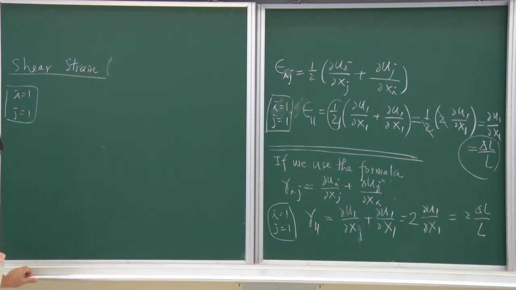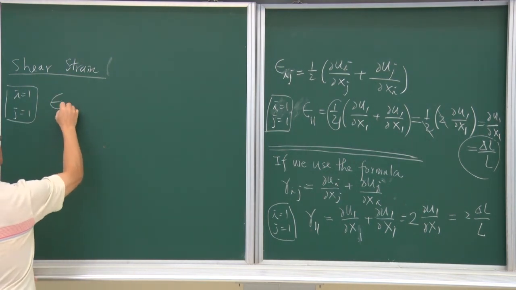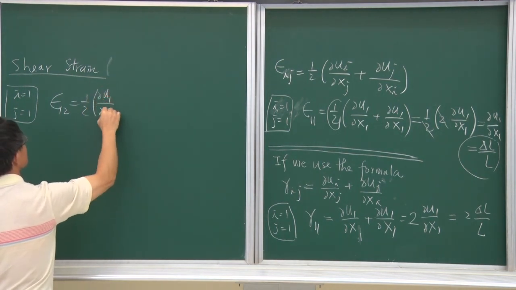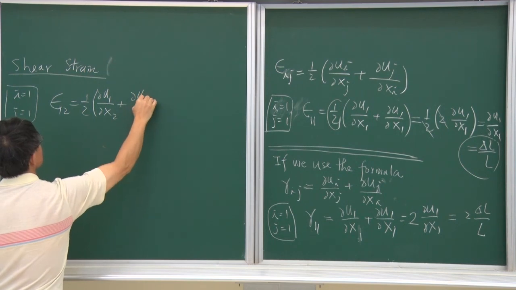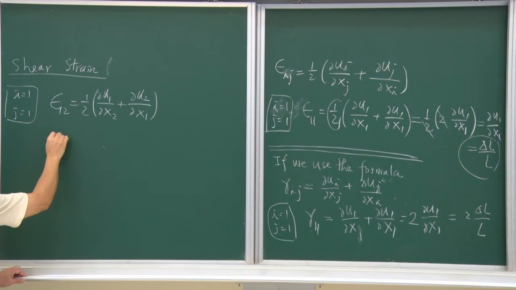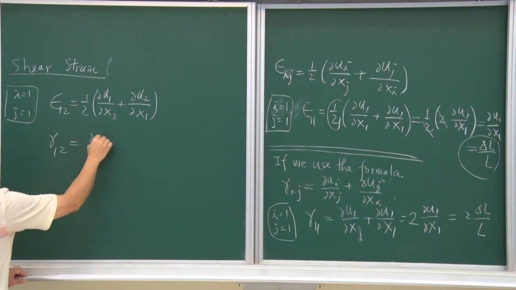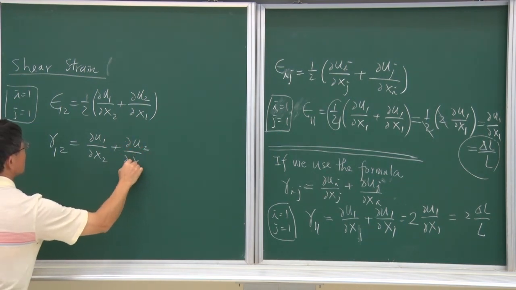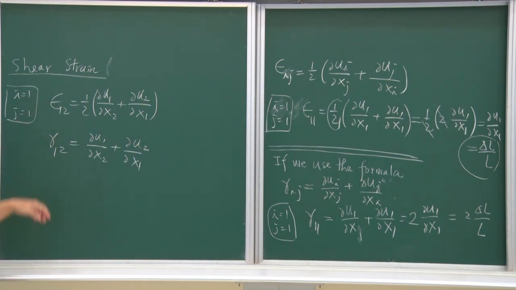I equal 1, j equal 1. So, when we look at the shear strain, I mean the off-diagonal component, the difference is not that important now.